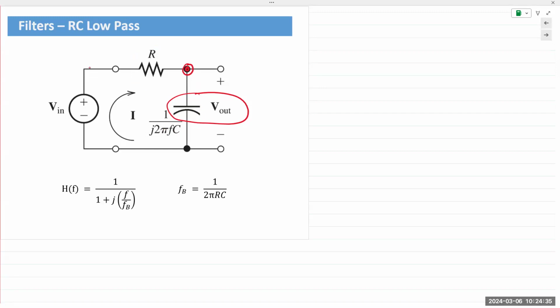But is it really? No, you're simply measuring or taking the output at that point. There is no other component connected at that node. So if there's no other component connected at that node, what does it mean for the resistor and capacitor? They are in series, absolutely.